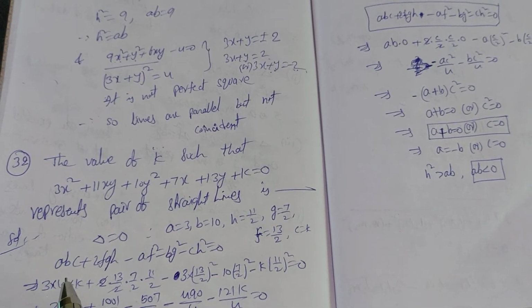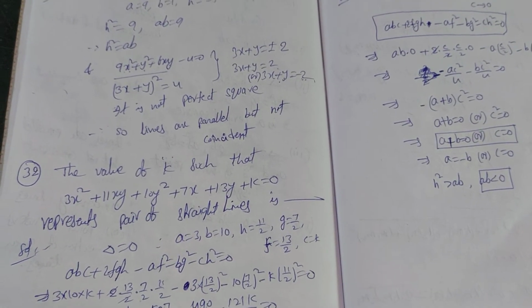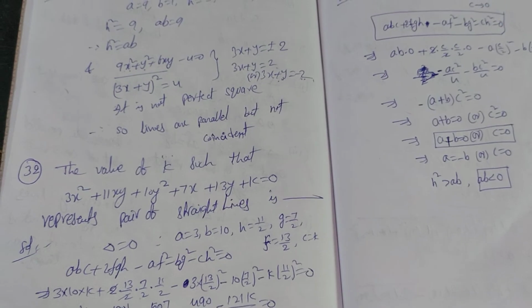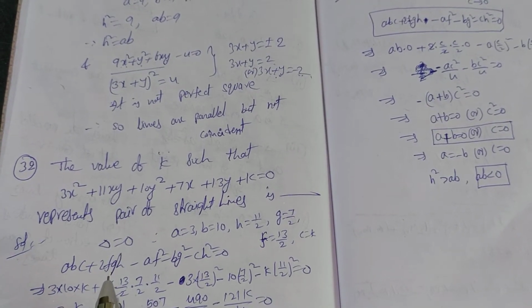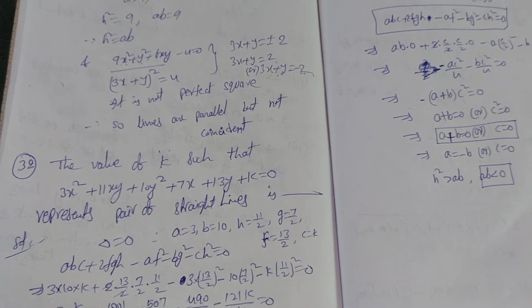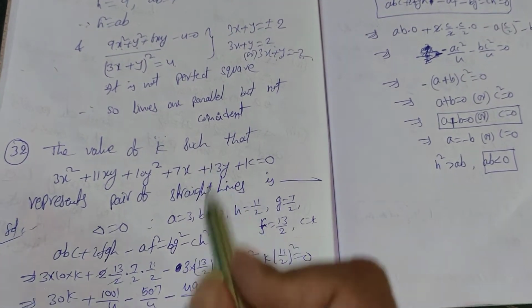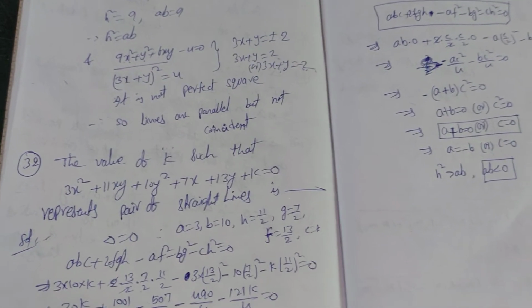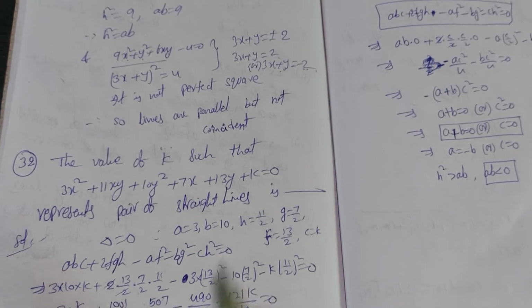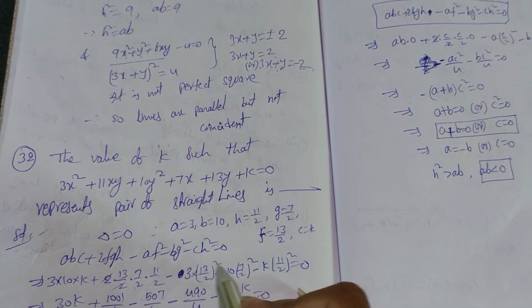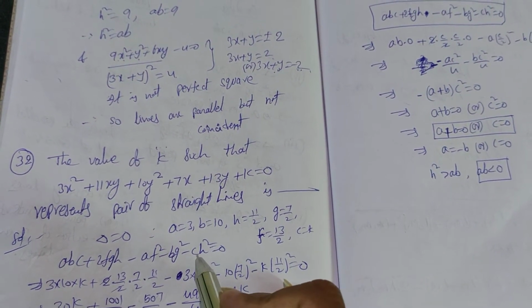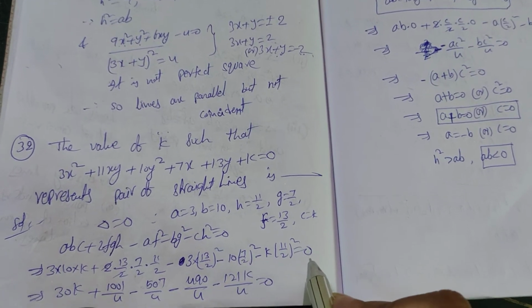So here A is 3, B is equal to 10, C is equal to K, plus 2 into F means 13 by 2, G means 7 by 2, H means 11 by 2. Minus 3 into F means 13 by 2 whole square, minus B means 10 into G means 7 by 2 whole square, C means K, H means 11 by 2 whole square is equal to 0.